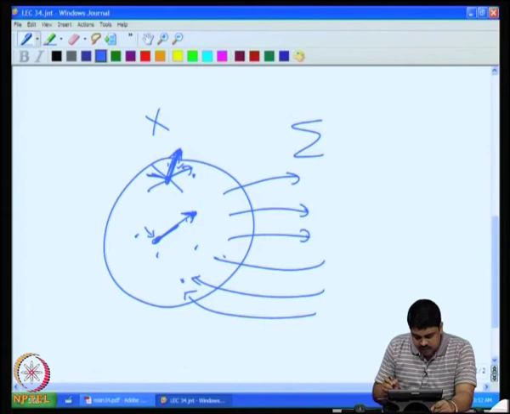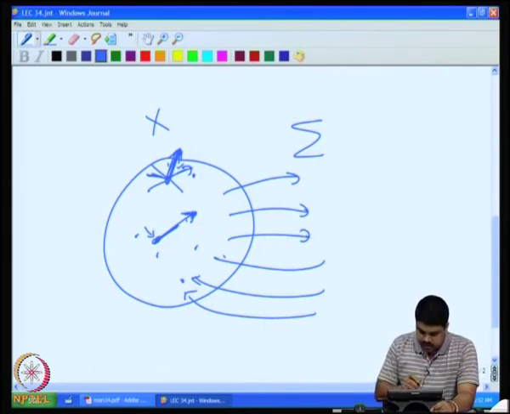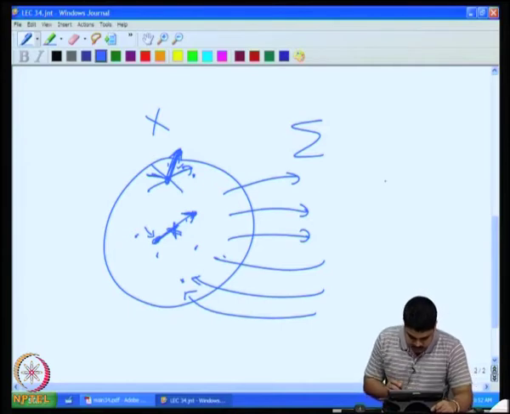So, finally, when I consider the sum over all vertices, this edge effect will cancel off.